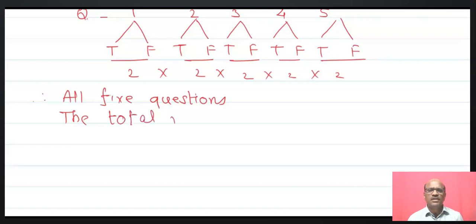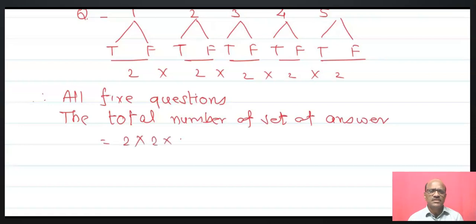The total number of sets of answers is equal to 2 into 2 into 2 into 2, that is 5 times 2, that is 32.